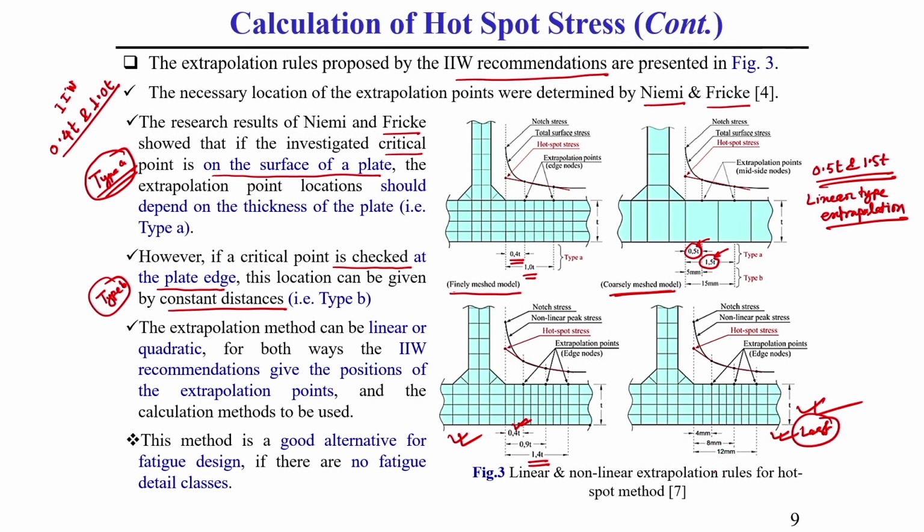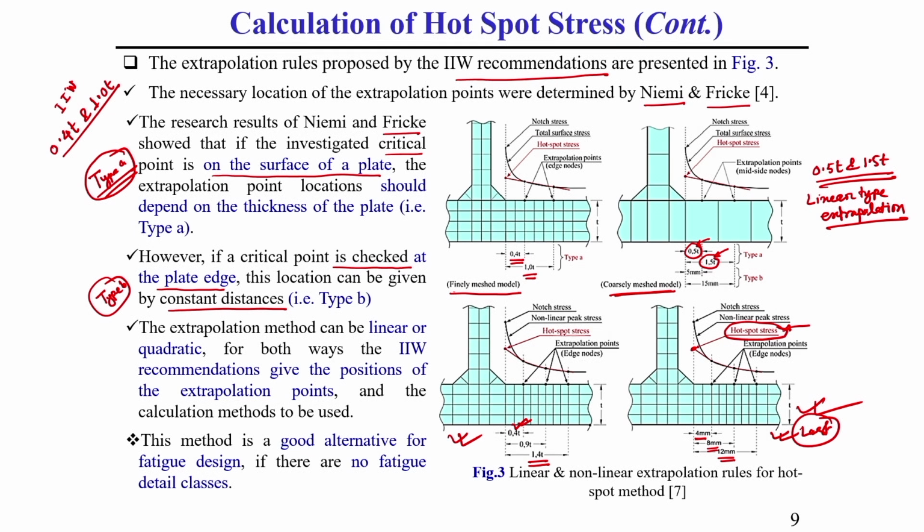In this figure the distance taken is constant, that is 4 millimeter, 8 millimeter and 12 millimeter. After calculating this 3 point stress value, we do the quadratic extrapolation and find out the hotspot stress. The red color is the hotspot stress.